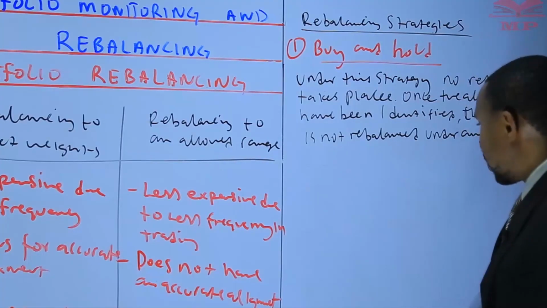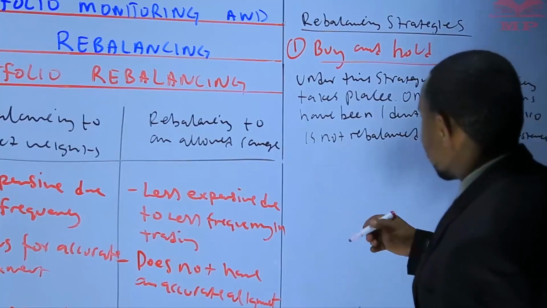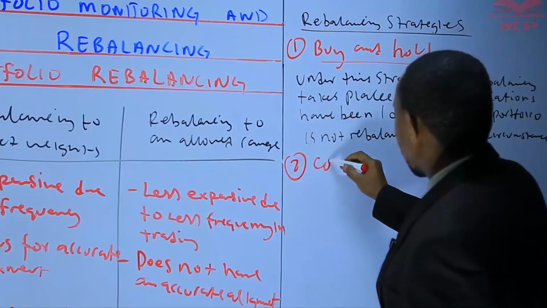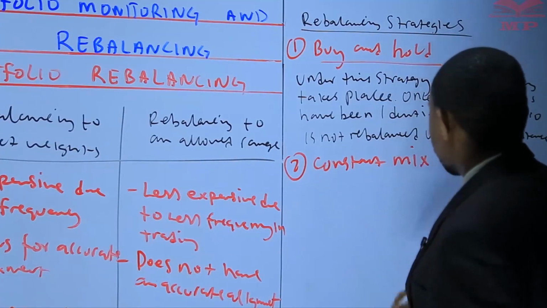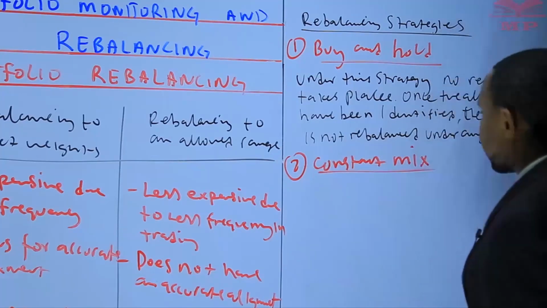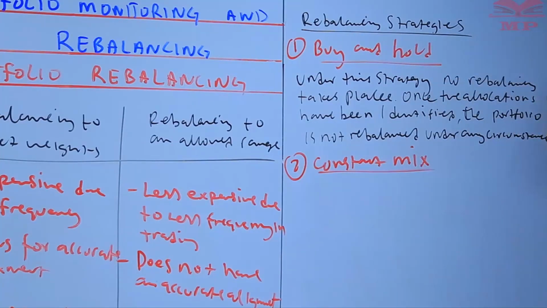The second type of strategy is the constant mix. So what happens under the constant mix?